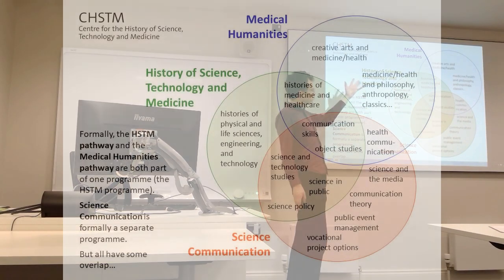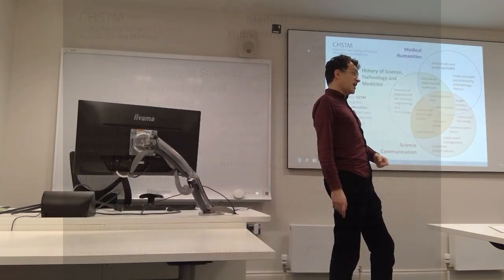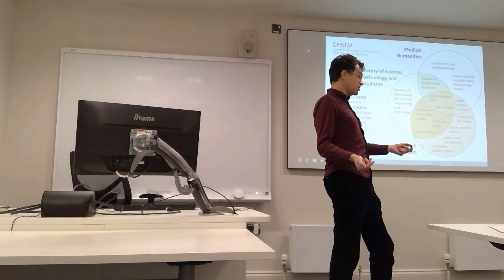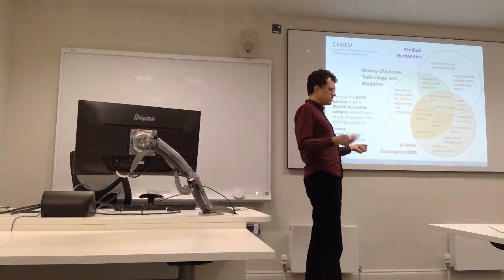The other thing, having all these connections means that we can do some interesting cross-teaching in the areas in between. So, for instance, object studies. Object studies is quite important to the science communication people because involving non-expert audiences with objects is a good way to communicate.